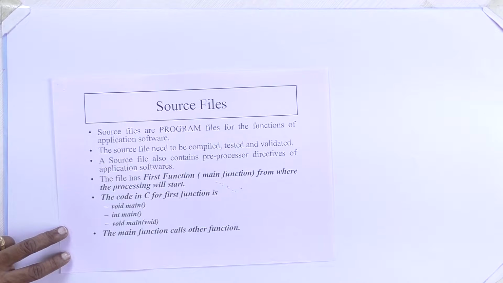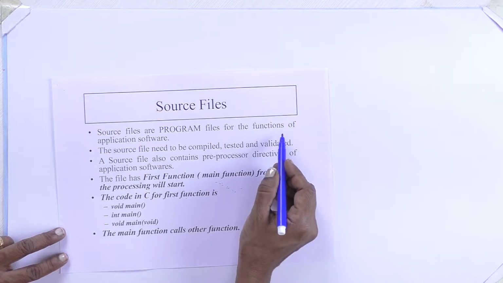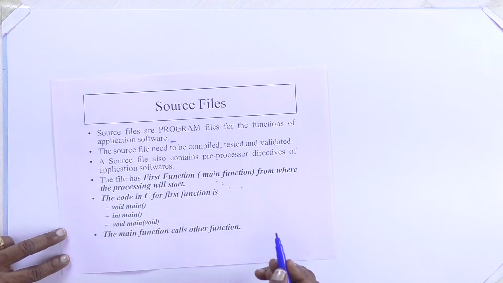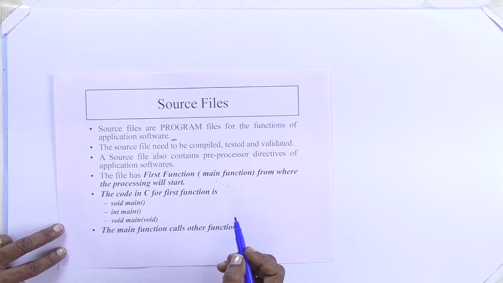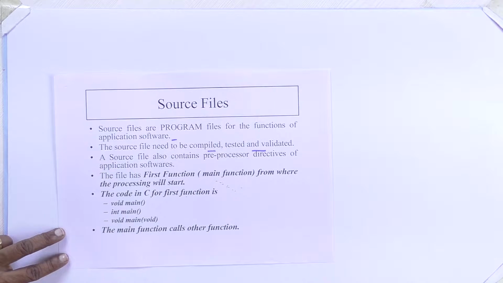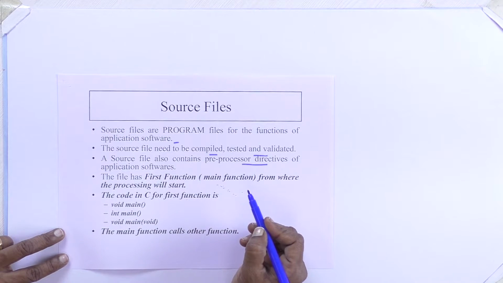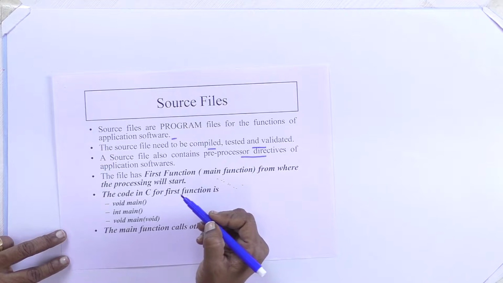Now let us discuss the source files. Source files or program files are for the functions of application software. The source file needs to be compiled, tested and validated. A source file also contains preprocessor directives of application software.